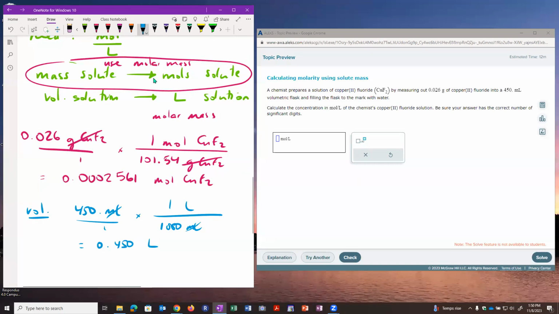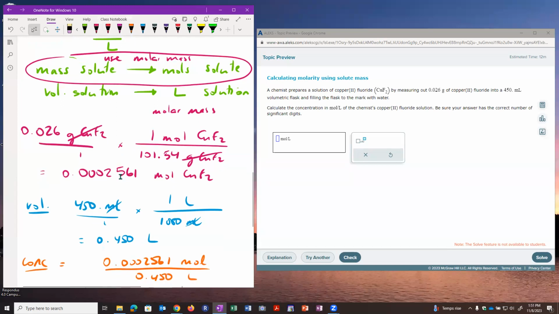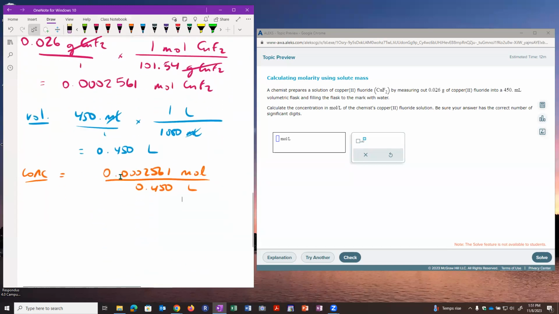So now to calculate the concentration in moles per liter, we divide the 0.0002561 moles by the 0.450 liters, and then that should give the concentration in the correct unit, which in this case ends up being 5.7.